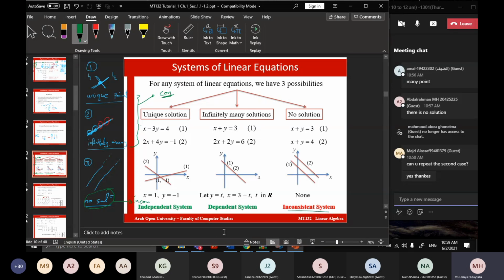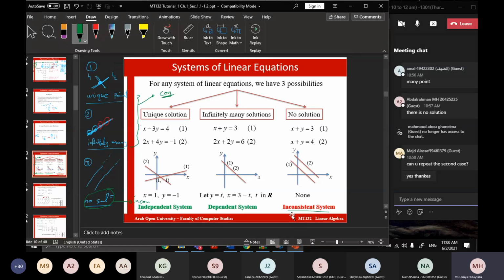So either there is a solution, no matter whether it is unique or infinitely many, and then the system is consistent, or there is no solution and we say that the system is inconsistent. It has no solution: inconsistent. So these here are consistent, while this one is inconsistent.